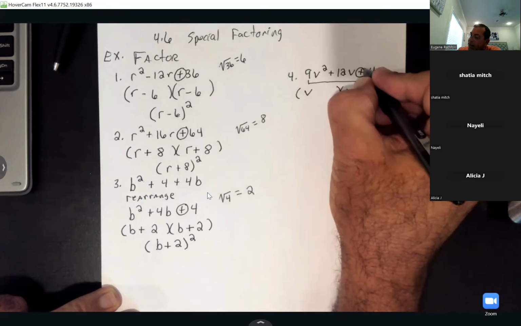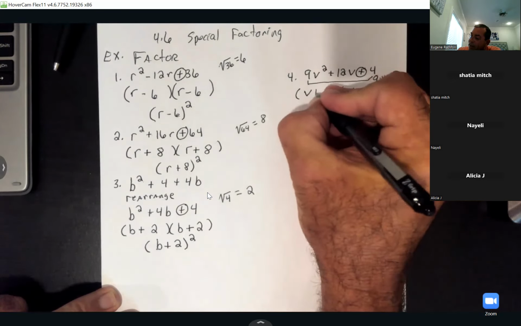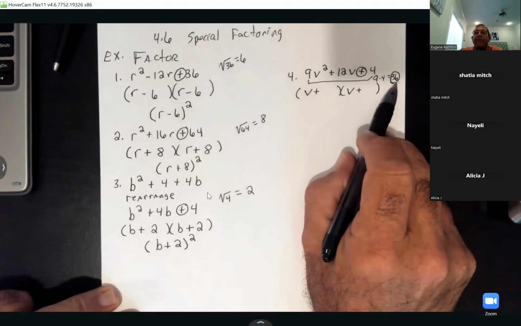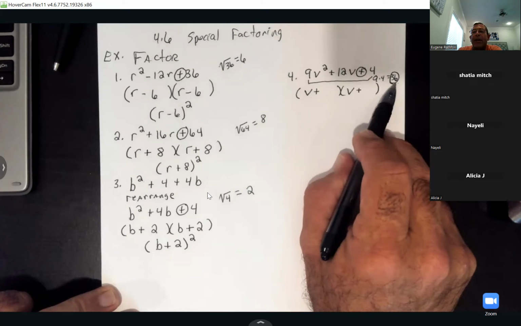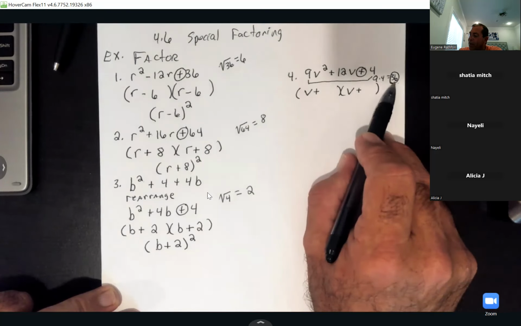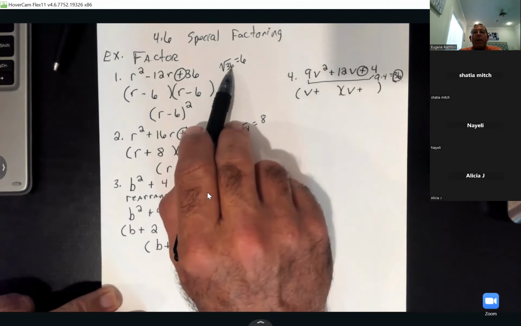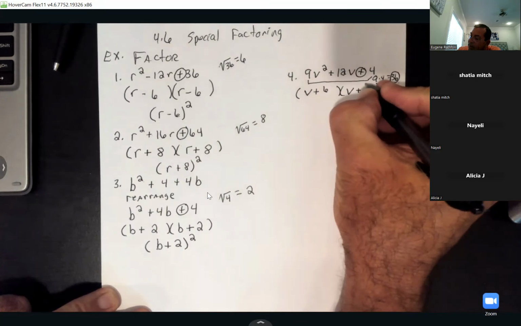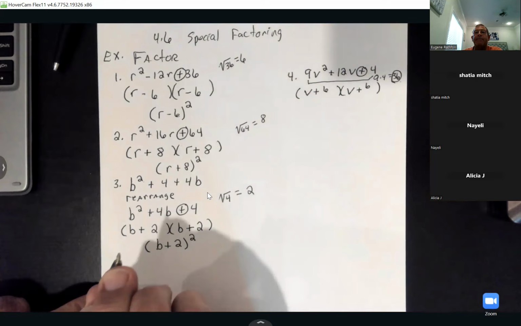Last sign's positive, so both of these will be positive like the middle. So y'all, for this section, I need the factors of 36. That is a square root. And they got to add to 12. So y'all remember the square root of 36 we said over here was 6. So I'm going to put in my 6 and my 6.